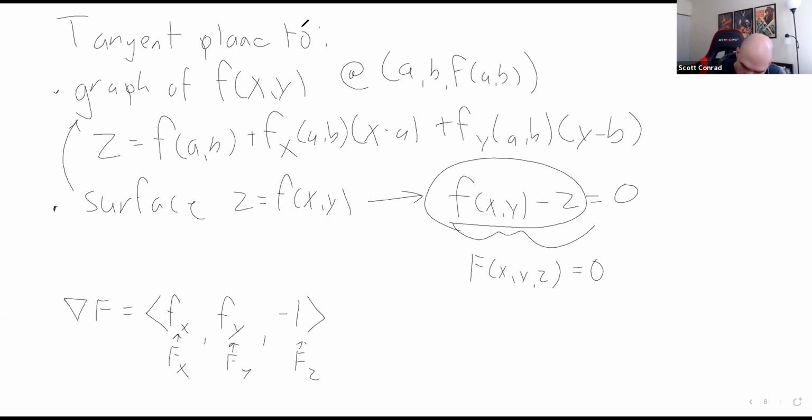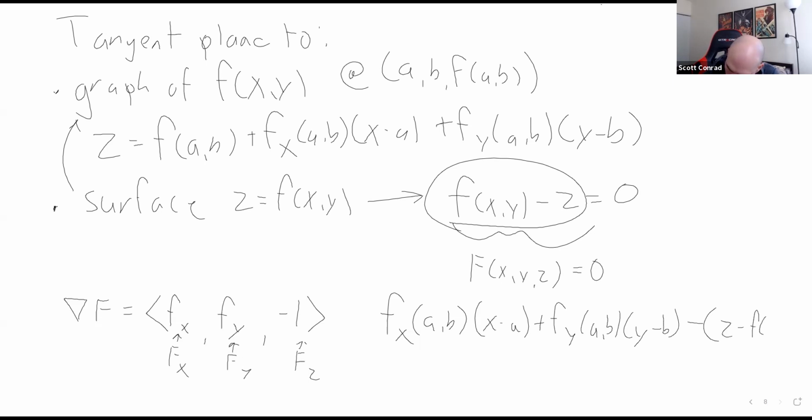So that's going to be the normal to our surface when we write it in this form. And so our equation is just going to be the partial of f with respect to x at (a,b) times (x minus a), plus the partial of f with respect to y at (a,b) times (y minus b), plus -1, so minus (z minus f(a,b)), set it equal to 0.